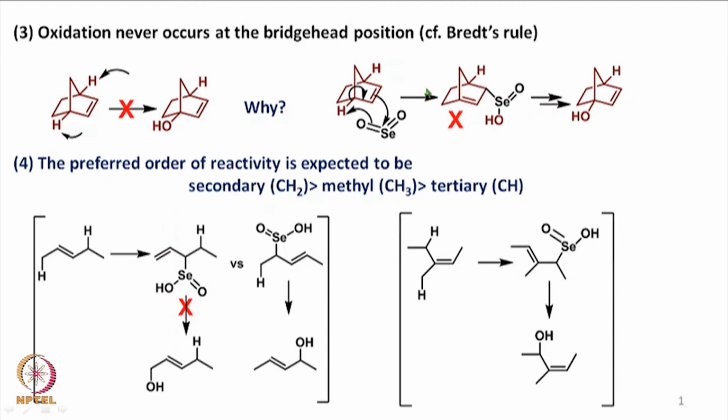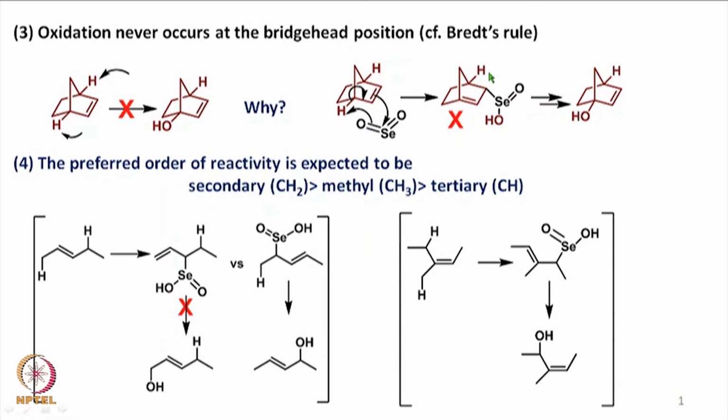Now, this particular selenium intermediate then undergoes rearrangement to allow the introduction of the hydroxy group at the bridgehead position, and the double bond is returned to the original position. That means when this compound undergoes oxidation with selenium dioxide, the allylic hydrogen is replaced by the hydroxy group at the bridgehead position.